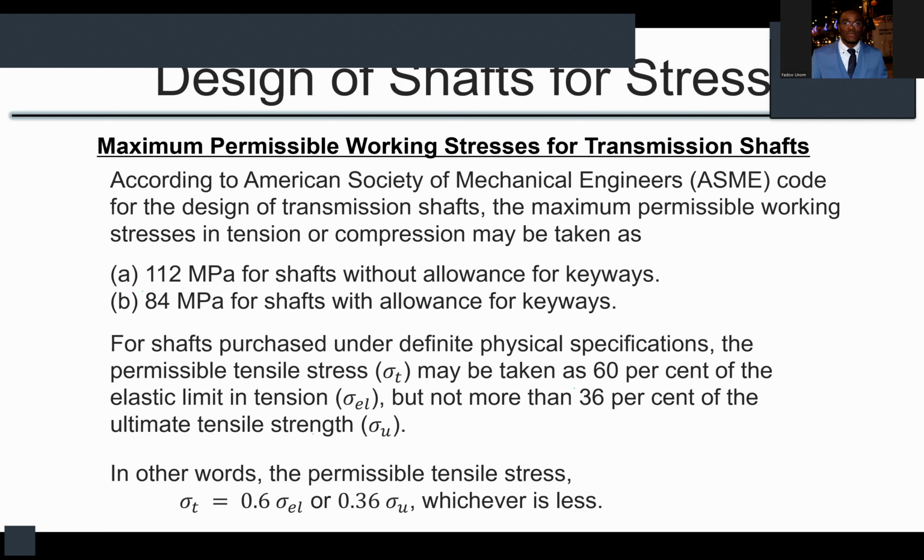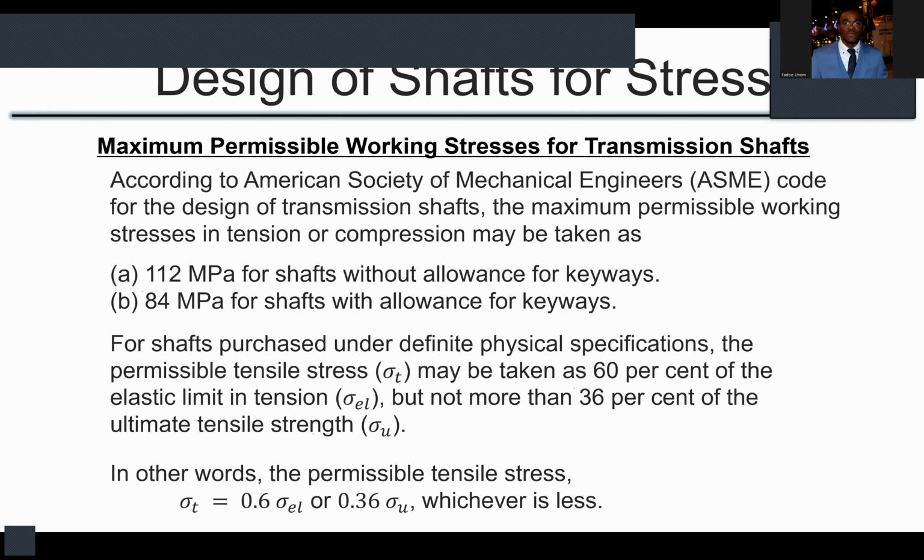That means that it will not return to its original shape. Okay, whatever that stress is, we will take 60% of it. So we're not even allowed, we don't want to go anywhere near it. The permissible tensile stress in your shaft should be 60% of the elastic limit in tension.